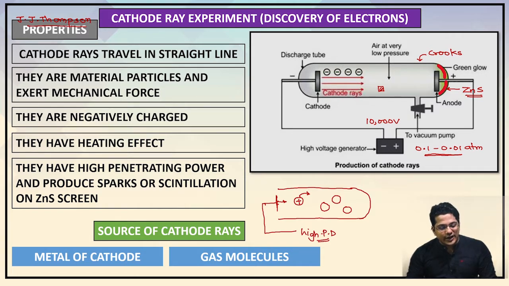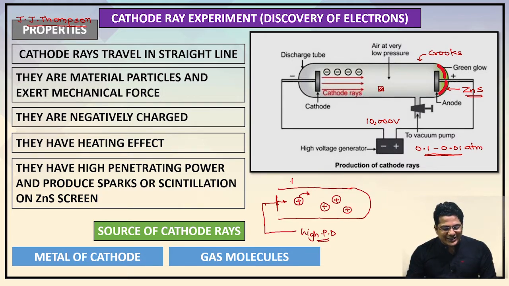So what would happen in due course of time is that all of your gas particles would start gaining positive charges. And this process in which a gas or any particle or any atom gains a charge, whether it be a positive charge or a negative charge, is referred to as a process of ionization.